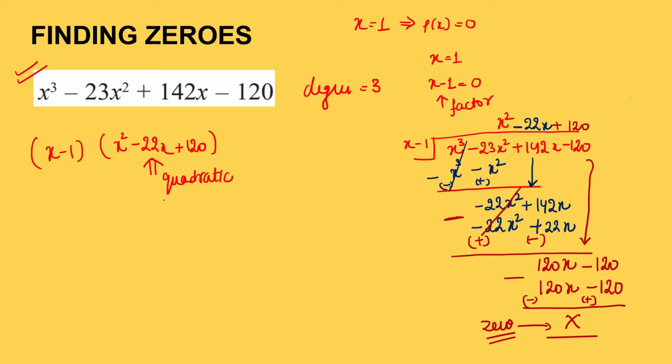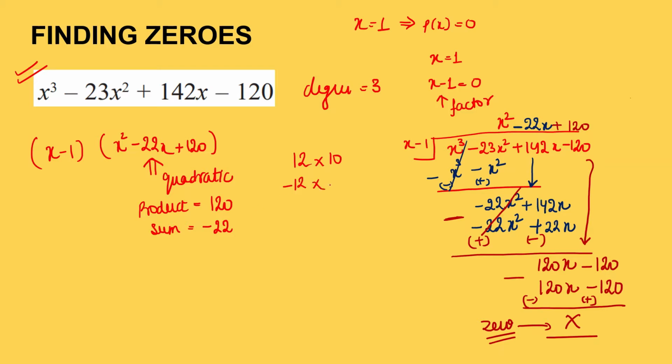So how we will reduce it? With the help of middle term splitting. Your product should be 120 and sum should be negative 22. Now find out such factors which give you product as 120 but sum as negative 22. So 12 into 10 can give you 120.